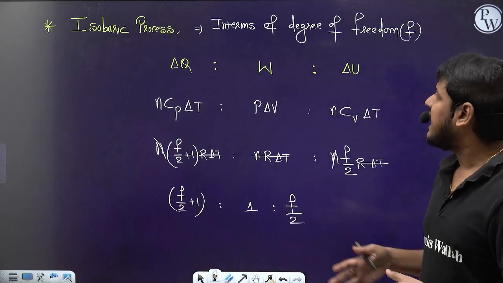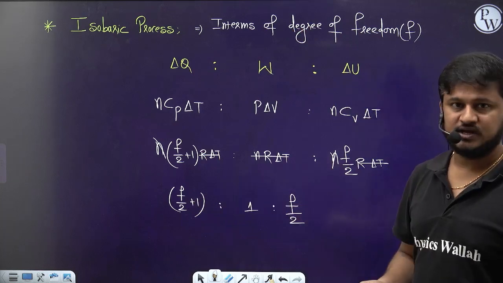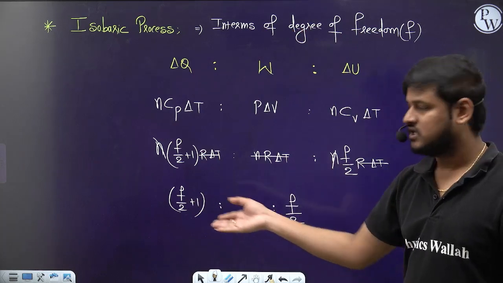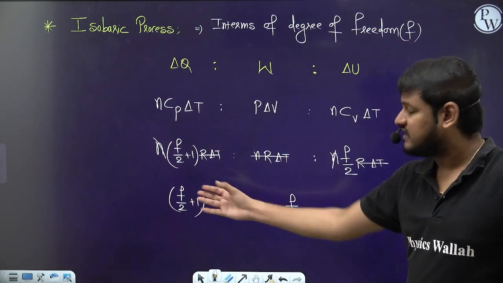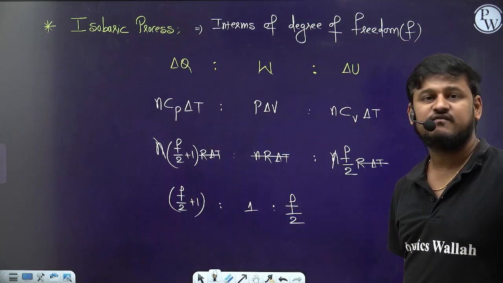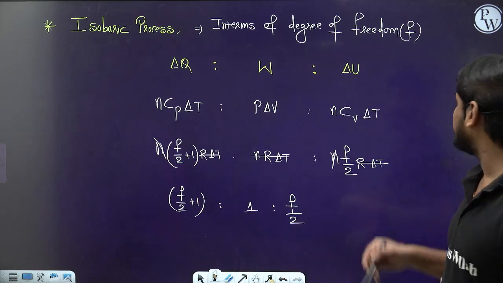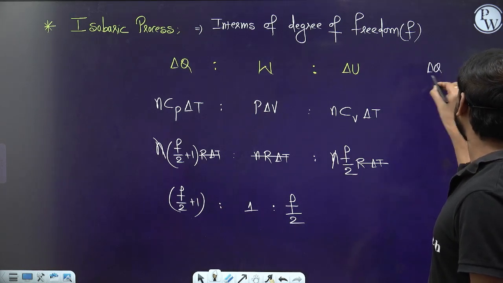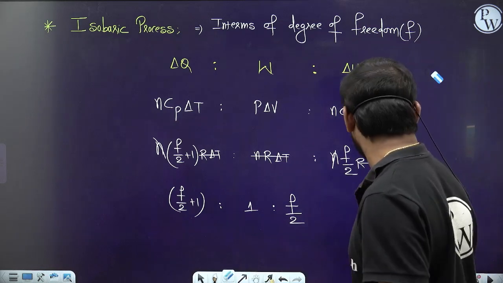If they ask for a monoatomic gas, you substitute F equals 3. For a diatomic gas, F equals 5. For a triatomic gas, you take F as 6. Sometimes they might ask in the isobaric process for delta Q by W, so take this as homework. I'll give different questions as homework.